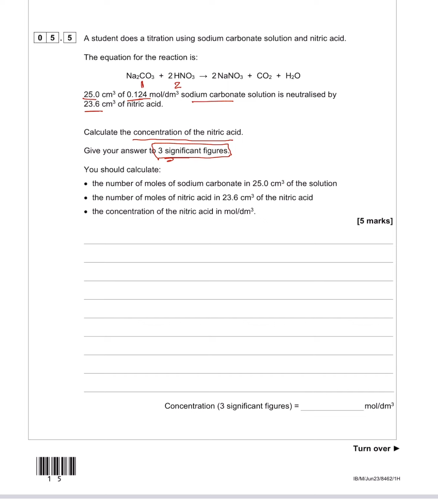To answer this question, first of all, you need to calculate the number of moles of sodium carbonate. So moles of sodium carbonate equals the concentration times the volume in dm³. They give you the volume in cm³, so you have to change that into dm³ by dividing by 1,000.